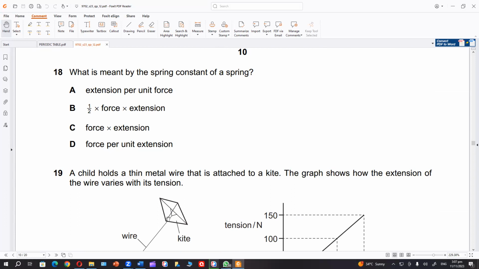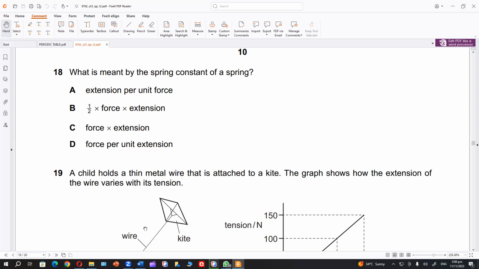What is meant by the spring constant of a spring? F is equal to kx, so k will be force per unit extension, so D. What is meant by the spring constant?